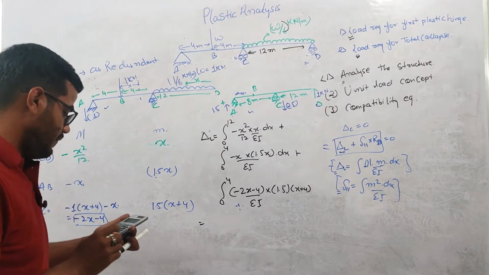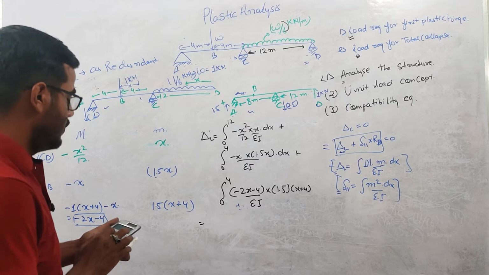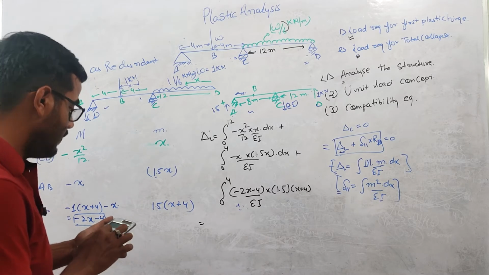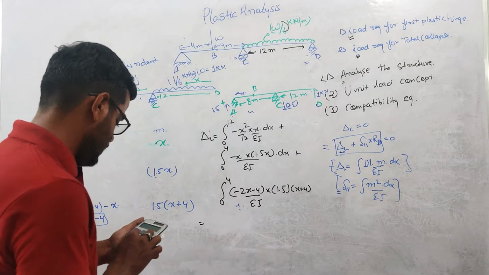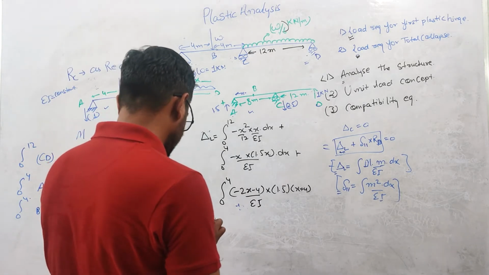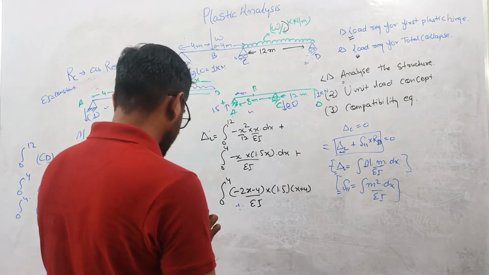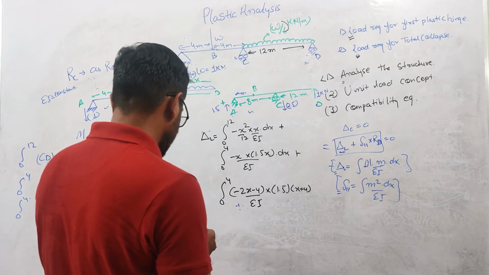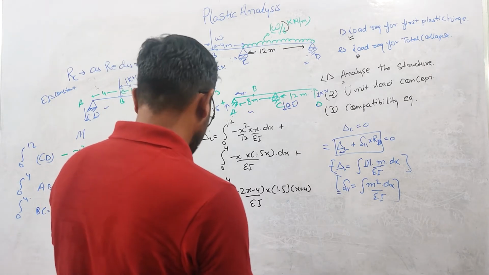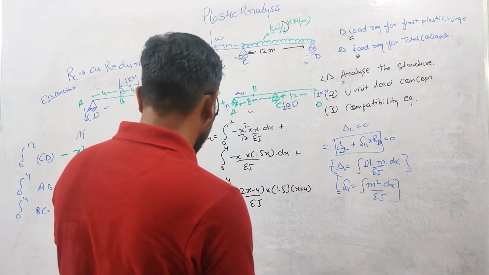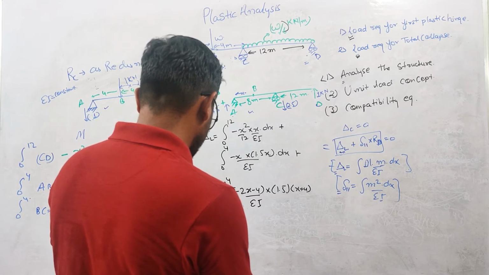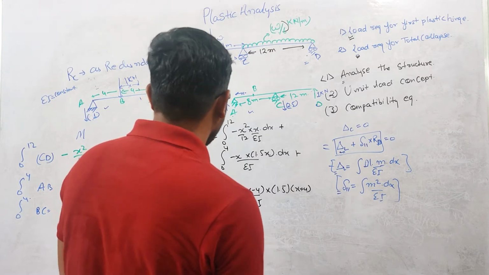okay guys, so we'll be calculating this integration value. So first term is 0 to 12, this is minus x square divided by 12, this is actually x cube divided by 12.